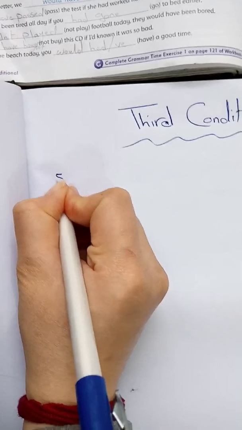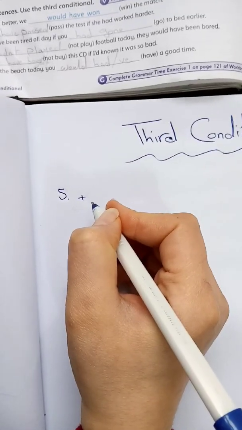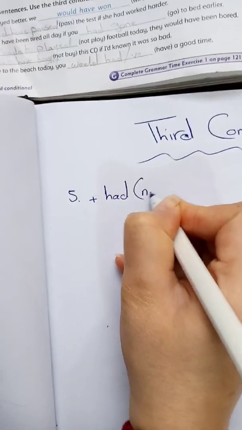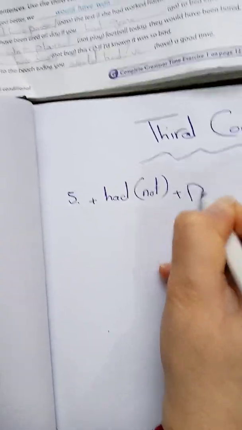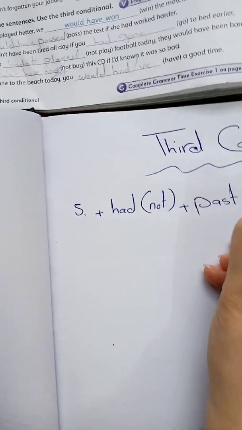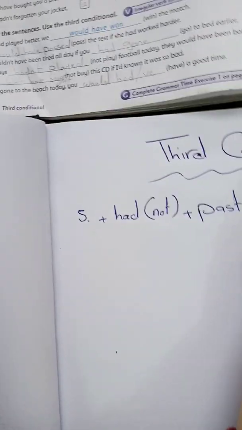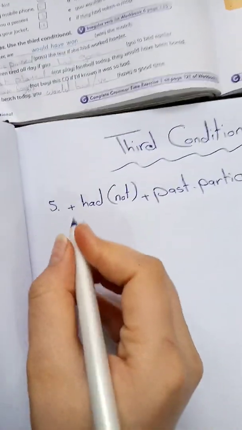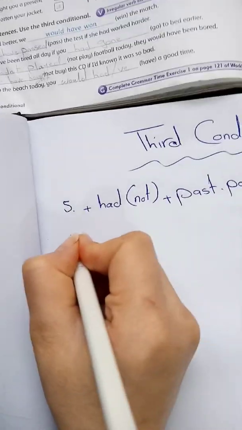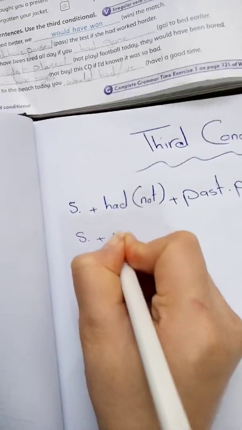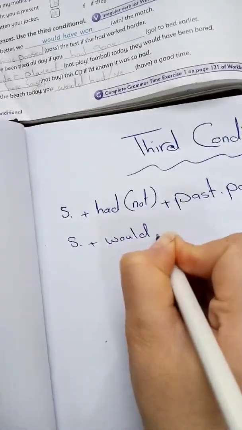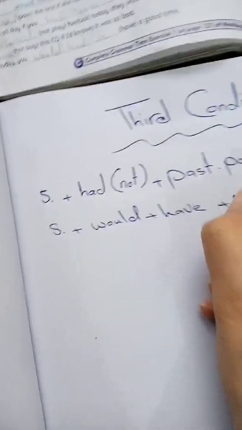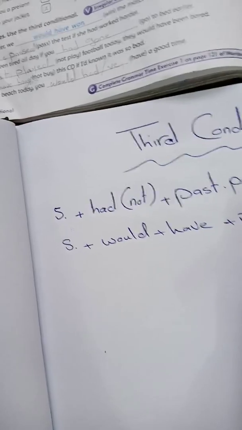the rule: subject plus had or hadn't plus past participle, comma, the second rule in the same sentence, also subject plus would plus have plus past participle.